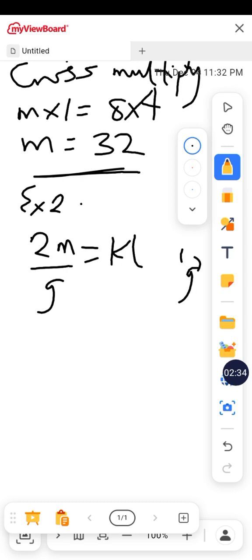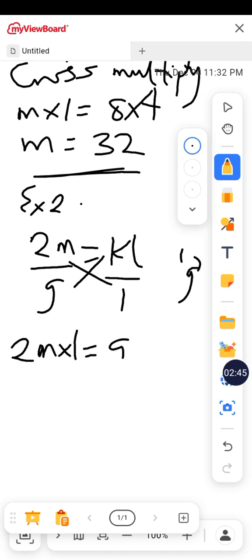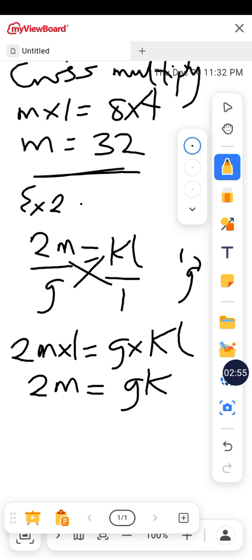I can already see this as a division problem. So what I'm going to do is to cross multiply first and foremost. So this is like 2m times 1 equals g multiplied by kl. So 2m times 1 will give us 2m. 2m equals gkl. And I want to make g the subject of the formula.